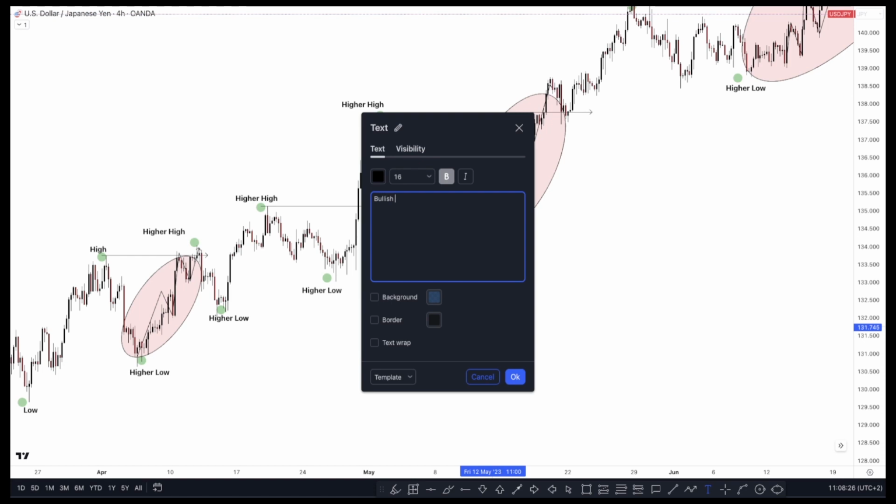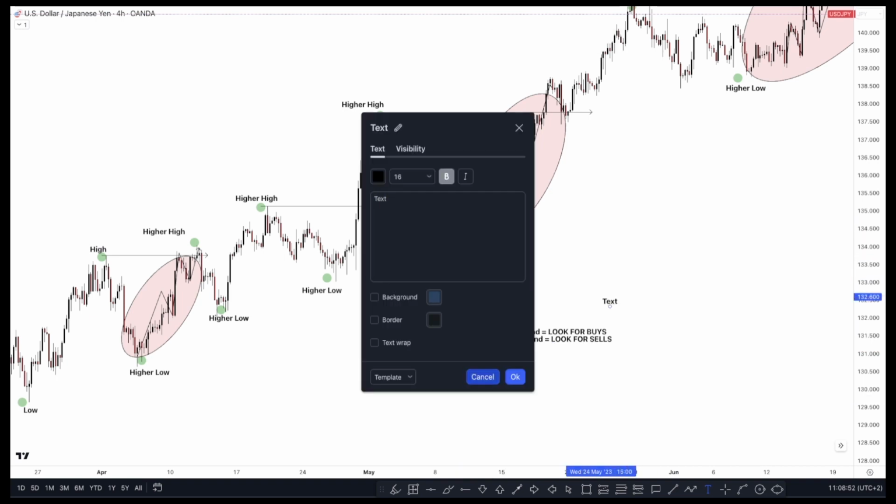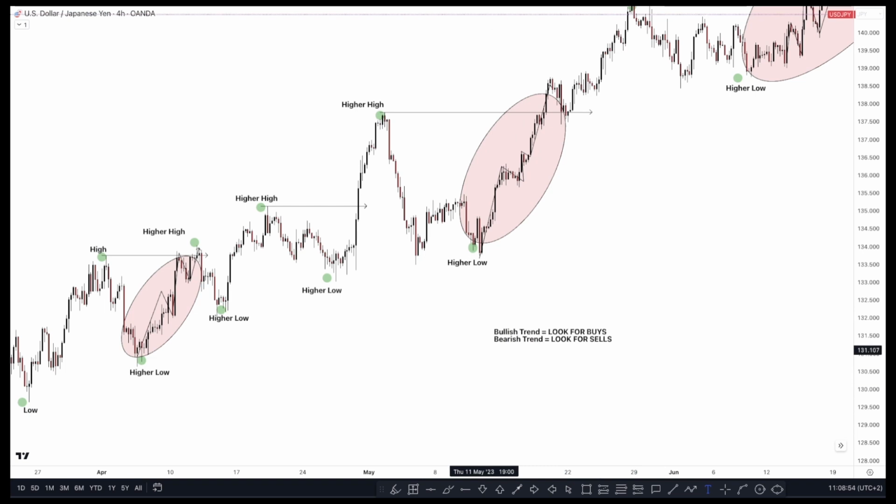If it's a bullish trend, we look for buys, and if it's a bearish trend, we look for sells. So this is where you just open the market and say, okay, we are bearish, and as we are bearish, the market will continue selling. Or now we are bullish, we'll continue buying. This is where I'll be looking for buys and buys and buys.